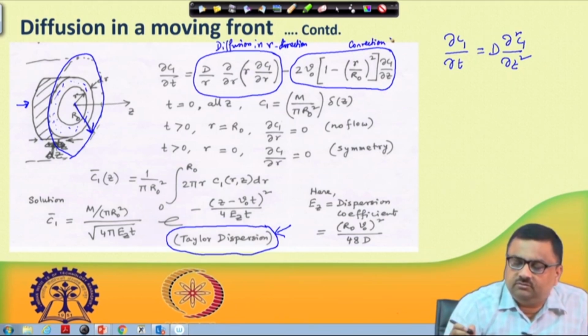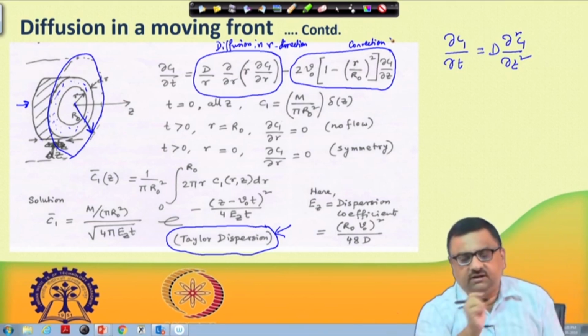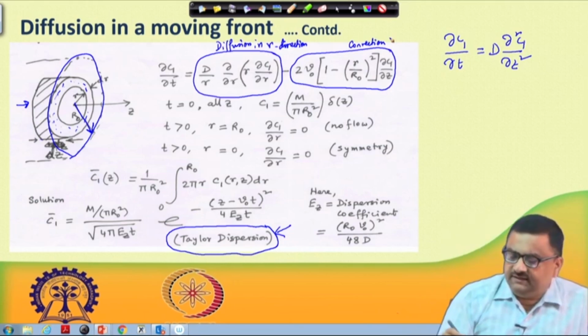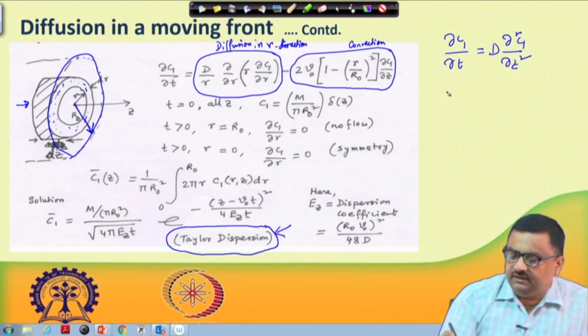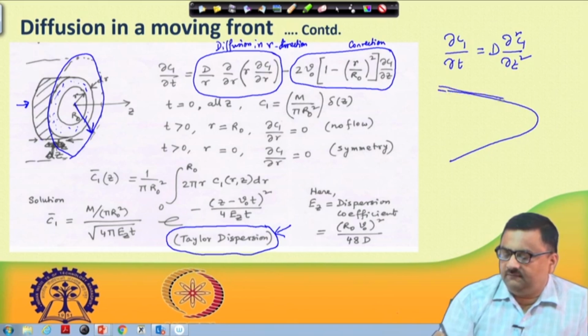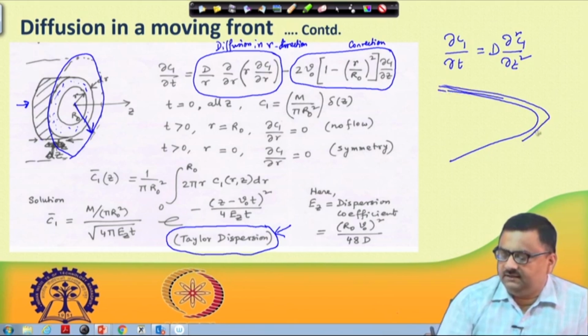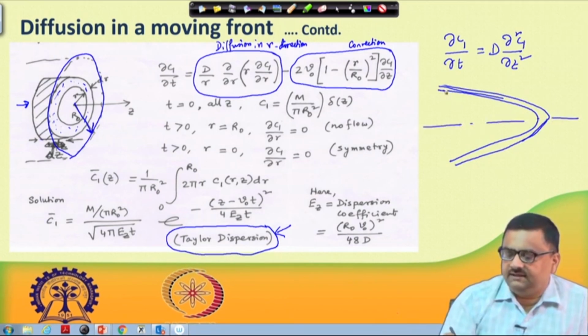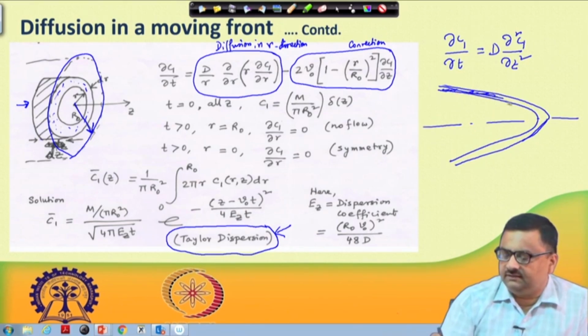So, what are these terms? Let us look at them quickly. We said that the Taylor dispersion was supposed to simulate this case of a parabolic velocity profile, where a pulse is getting stretched like this.